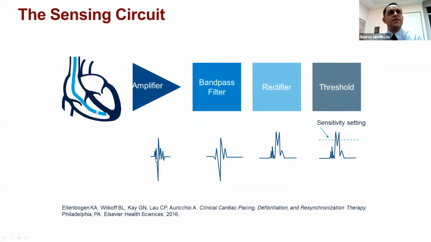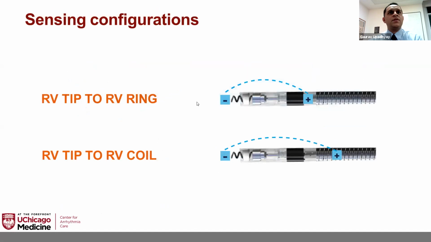This electrical signal goes through an amplifier and then a series of filters before it meets a detection threshold set by the device. So broadly speaking, we could sense either between the tip, again, cathode, anode, and the ring, or the tip and a coil for a defibrillator. And both have been used.